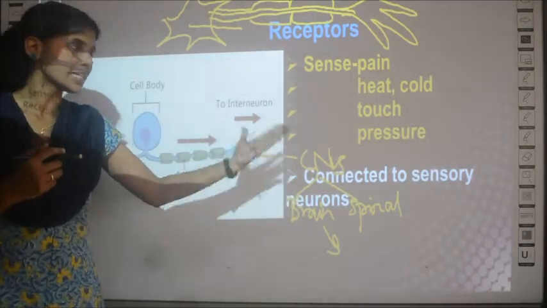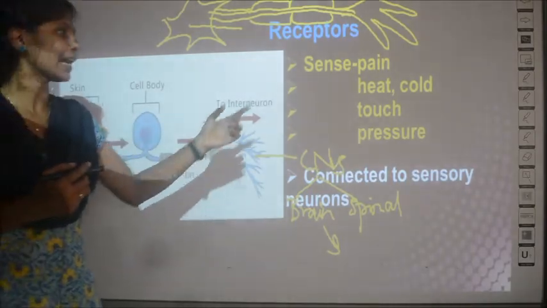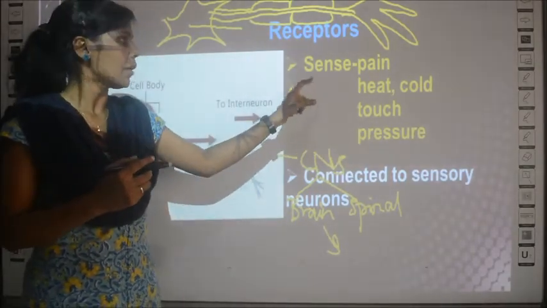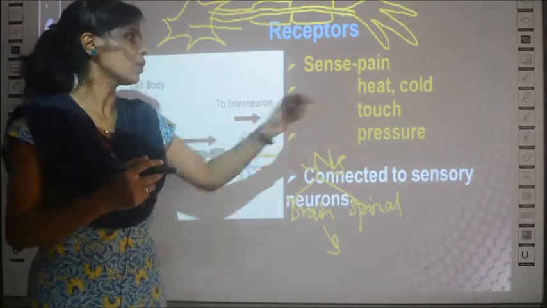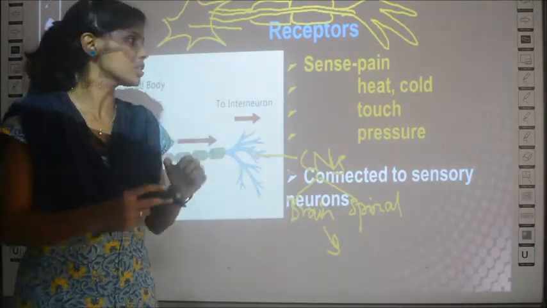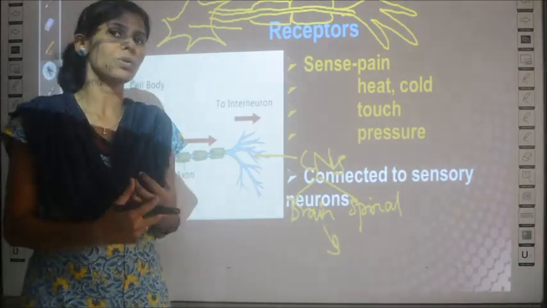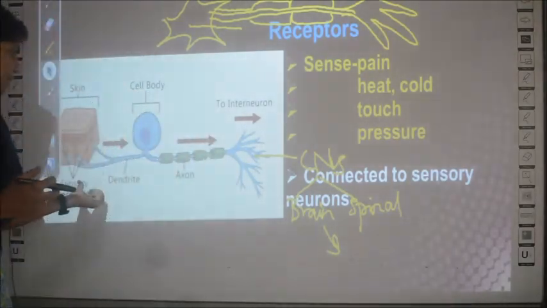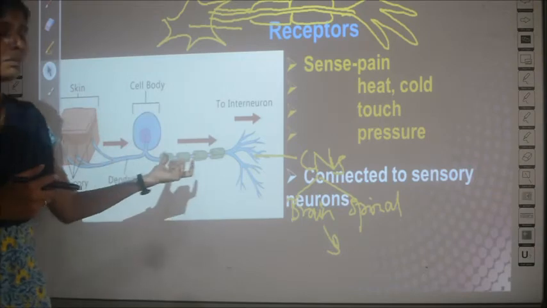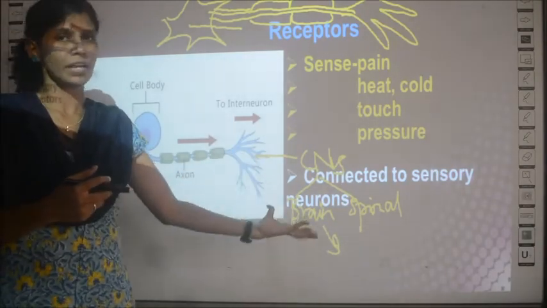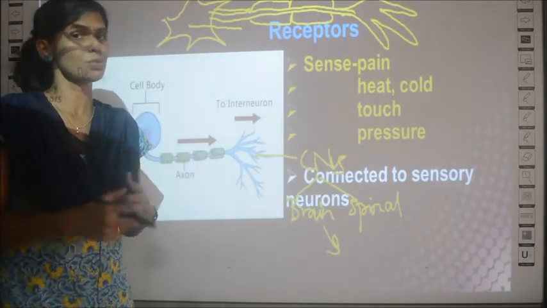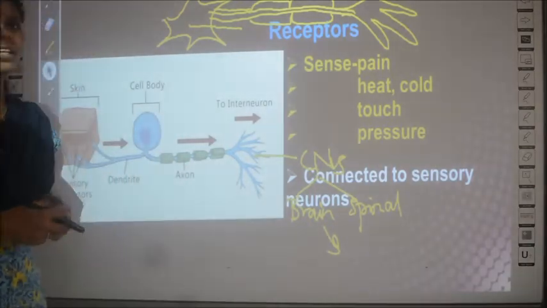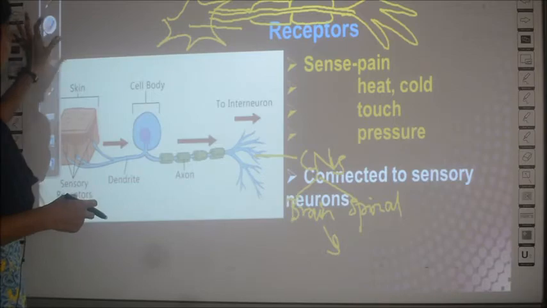Whenever there is a change in the environment, like pain, or something sharp pricking you, or a hot or cold climate, or if somebody touches you or exerts pressure on you, that is sensed by the receptors, and the message is carried by the sensory neuron to the brain, and the brain instructs your body to respond. Mainly the effectors will respond. So this is about the receptors. Clear?